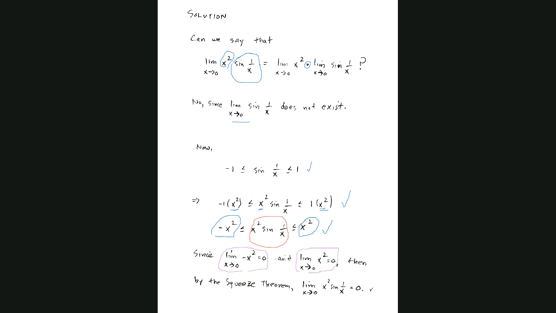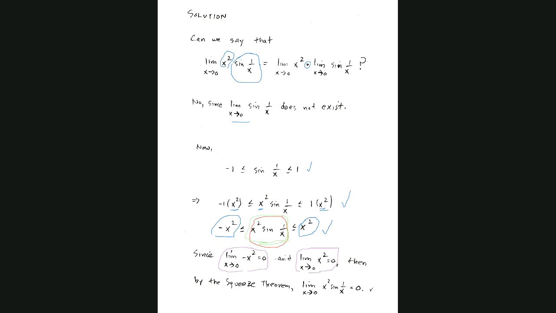Very cool. What does that mean for the limit as x approaches 0 of x squared times the sine of 1 over x? That's going to have to approach 0 as well.